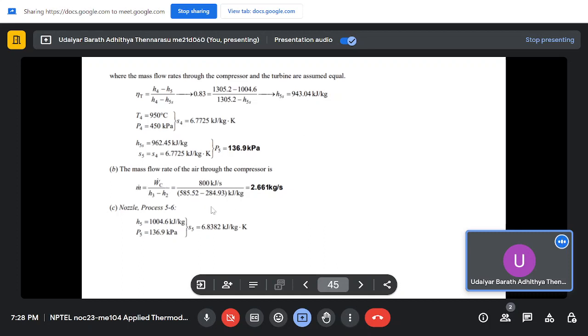Then in the nozzle, we know state 5. Assuming an isentropic process, at state 5 we know the entropy, the enthalpy and the corresponding pressure.